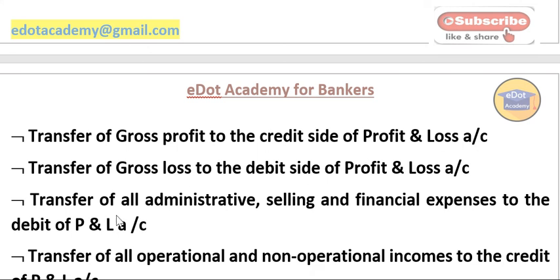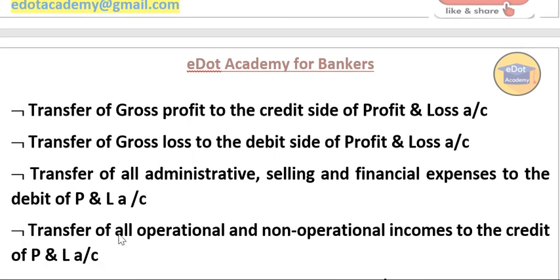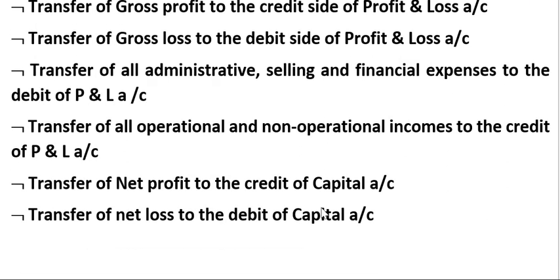Transfer of all administrative, selling and financial expenses to the debit side of profit and loss account. Transfer of all operational and non-operational income to the credit side of profit and loss account, means whatever income is there, you have to transfer to the credit side. If loss is there, expenditure is there, always debit to the profit and loss account. Transfer of net profit to the credit side of capital after you have prepared your profit and loss account.